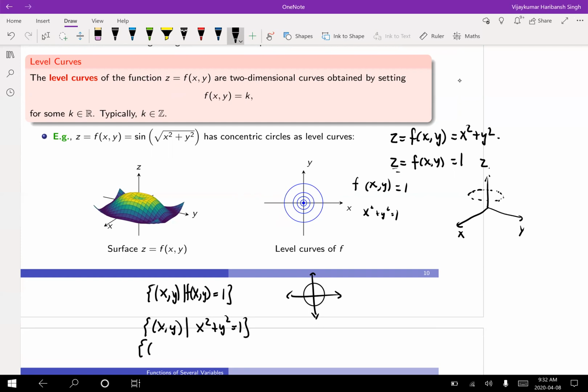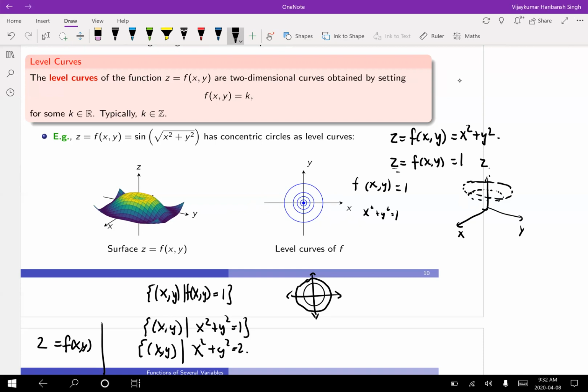Similarly, take another one. Another level curve would be f of xy equals 2. In this case, you're looking for all the points such that x squared plus y squared equals 2. That will look like a circle of radius square root of 2. If I want to draw it on the graph, it will look like that.